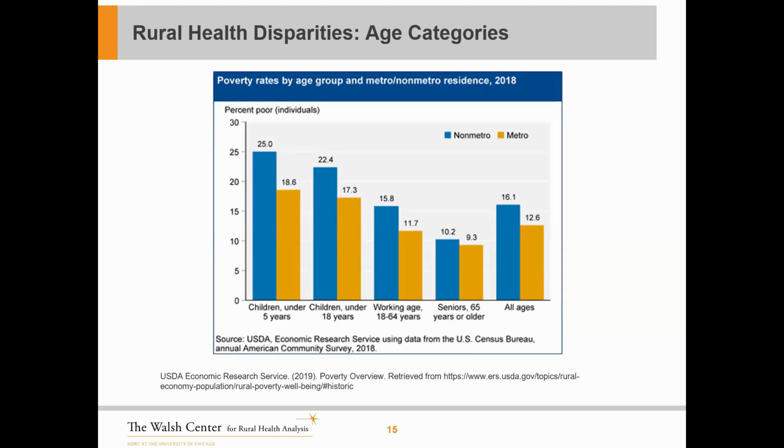Likewise, we see that 1 out of 4 children in rural America is living in poverty. That is very different than less than 1 in 5 in our urban areas. And again, you can see across the continuum that rural, no matter what age, are more likely to live in poverty than our urban counterparts.